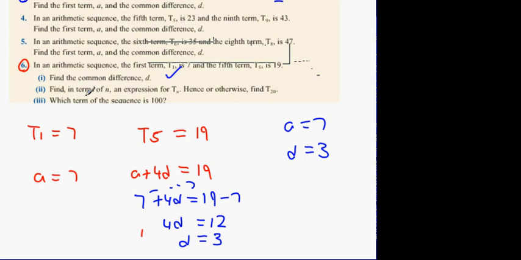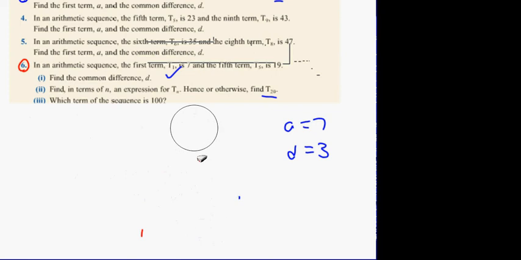Now, find in terms of n the expression for Tn, hence or otherwise find T20. Okay, so in this case what we're going to do is write down the formula for Tn.